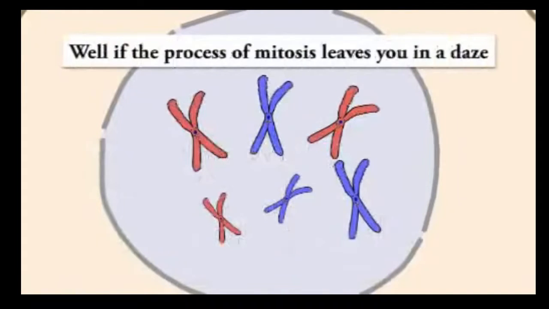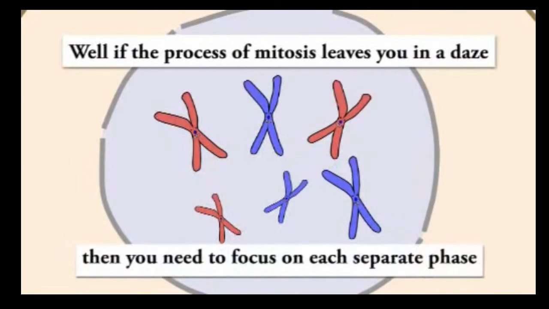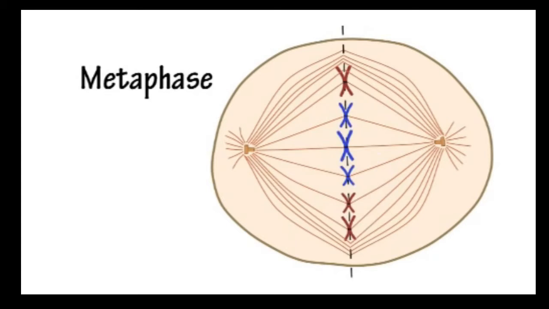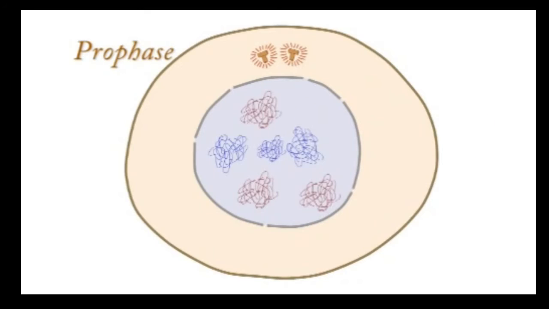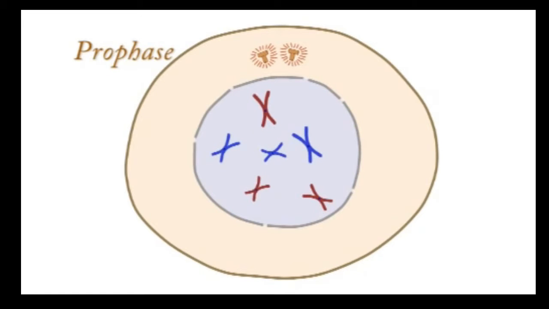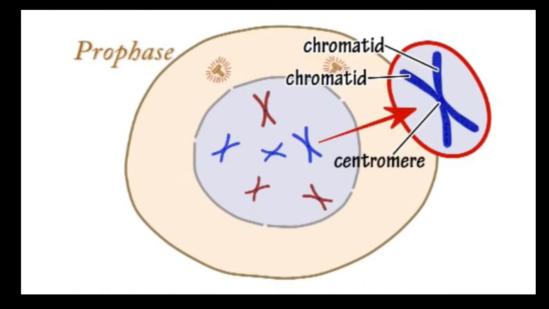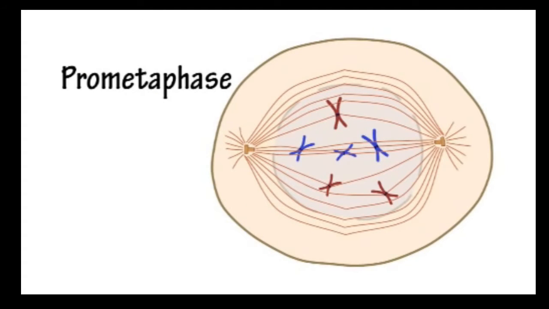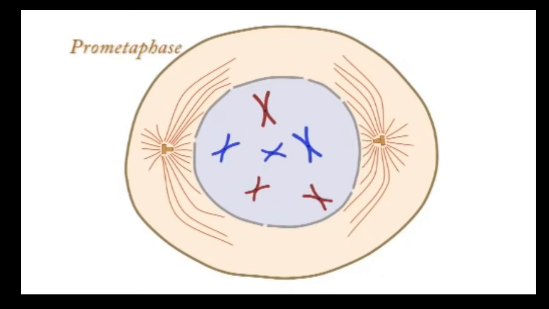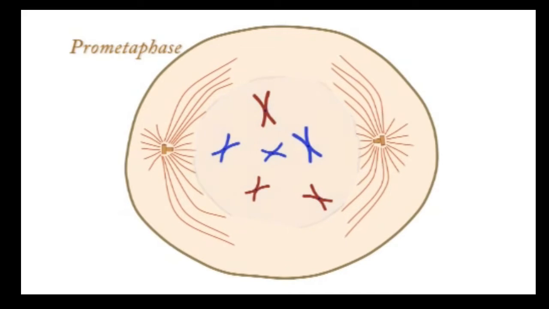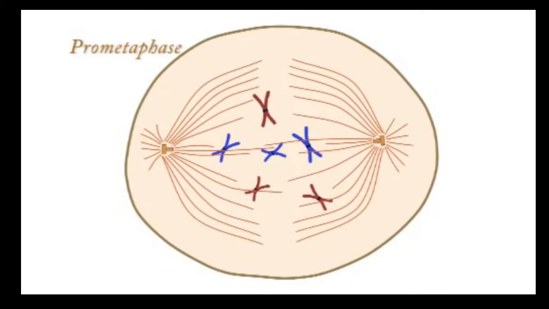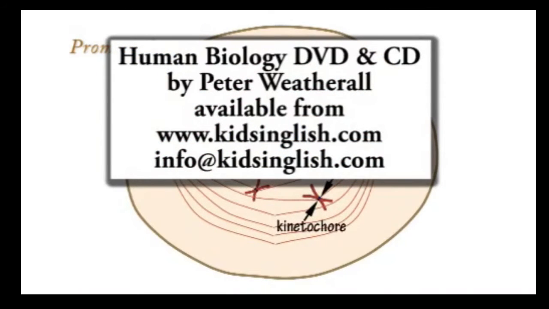Well, if the process of mitosis leaves you in a daze, then you need to focus on each separate phase. The letters P, P, M, A, T will help you memorize them individually. Prophase, prometaphase, metaphase, anaphase, and telophase. In prophase, the chromosomes suddenly appear by condensing into chromatids with centromeres. Pairs of chromatids, like tiny coiled ropes, are visible if you look through a microscope. In prometaphase, the nuclear membrane breaks down, microtubules from the centrosomes invade, probing at the center of the chromosomes for the centromeres where they attach to kinetochores.